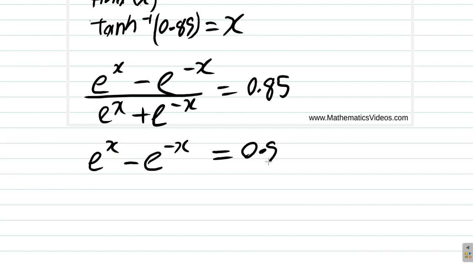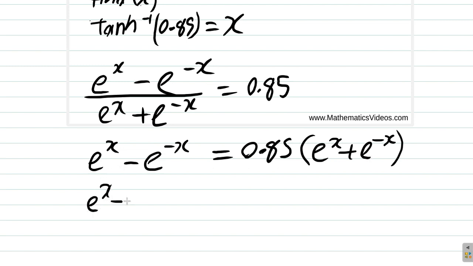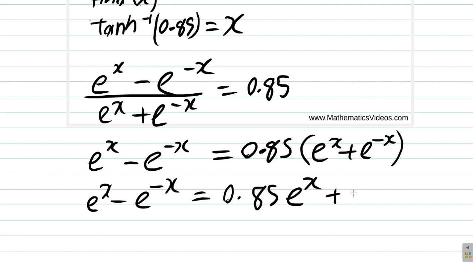Equal to 0.85 times e to the x plus e to the negative x. So you see that? Now e to the x minus e to the negative x is equal to 0.85 e to the x plus 0.85 e to the negative x when you open the brackets.